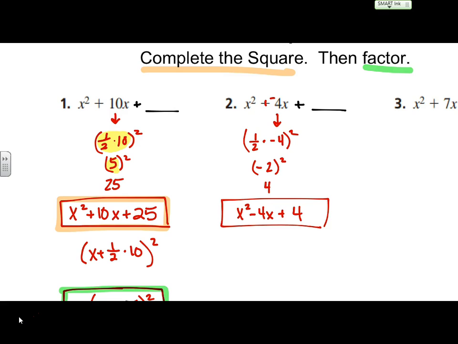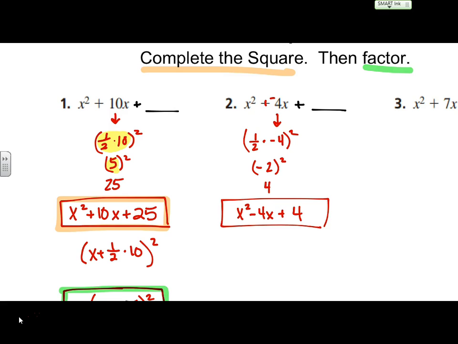Are you guys seeing it? Yeah. We have to just rewrite what was given to us at the beginning. So since this one started with x squared minus 4x, we could do plus negative or the original minus. We just have to keep this the same. We're just filling in, not changing.